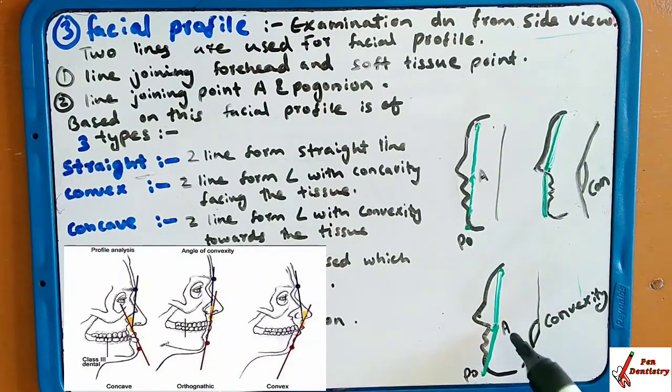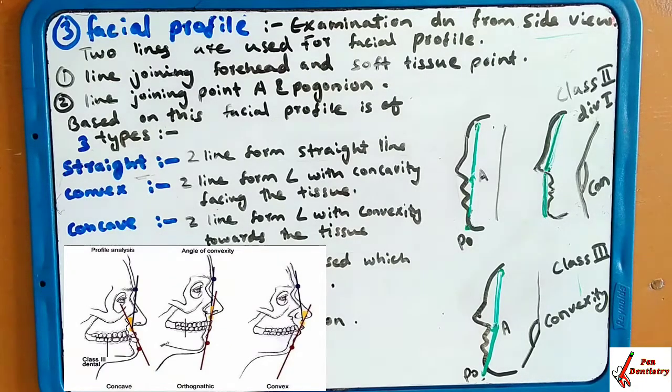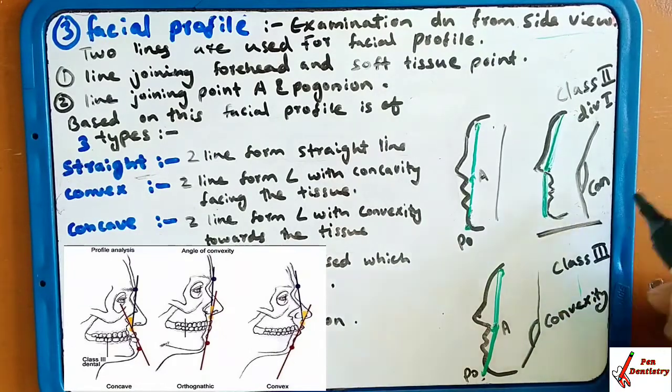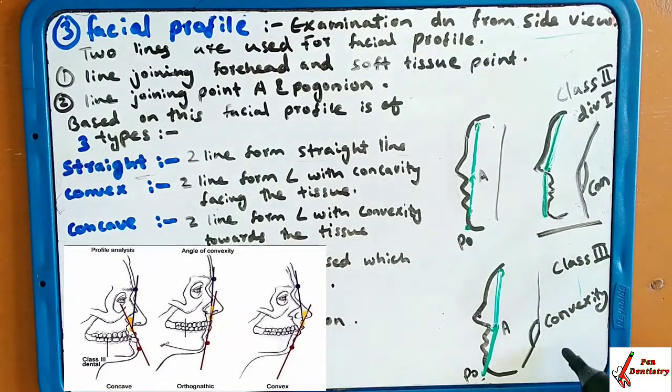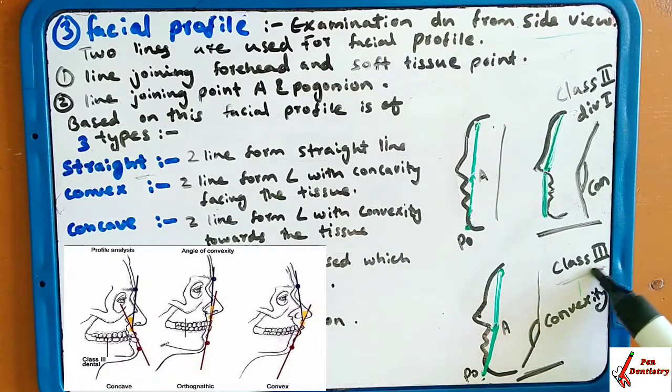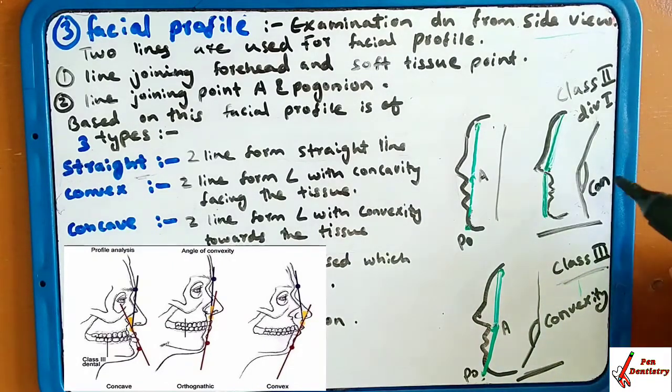At that time, the face is making a concave profile. You can see the face is making a concave profile. The convex profile is seen in class 2 division 1 patients, and the concave profile is seen in class 3 patients. When the concave profile occurs, the patient is suffering from malocclusion class 3, and in a convex profile, the patient is suffering from class 2 division 1.